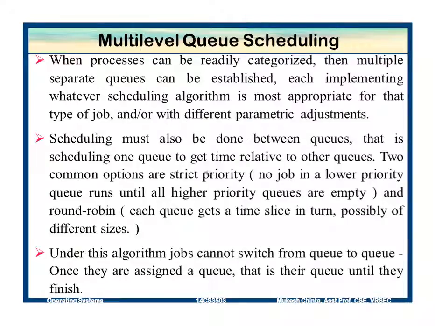So next thing, multi-level queue scheduling. When processes can be categorized, then multiple separate queues can be established, each implementing whatever scheduling algorithm is most appropriate for that type of job, or with different parameter adjustments.